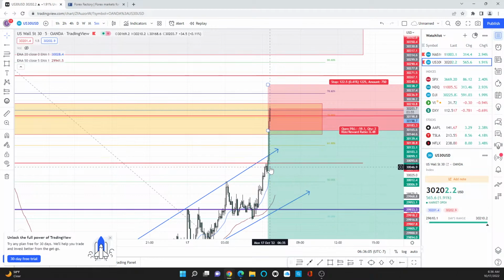It's definitely possible to come back up and reject this before coming down. But we'll see right now. See what the market gives us. Yeah, it's looking like it might get up out of here.